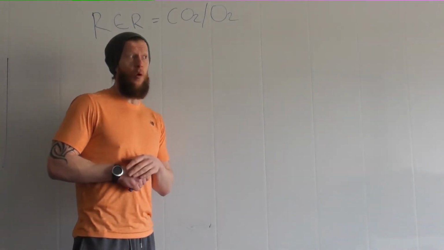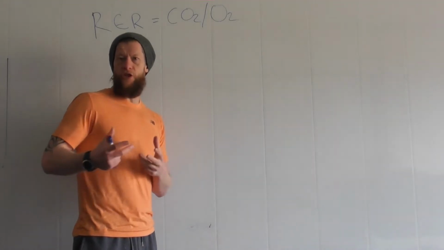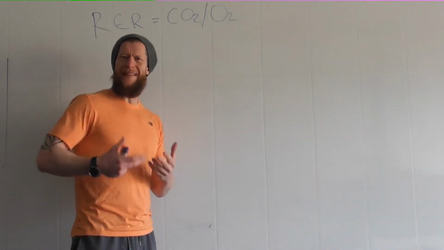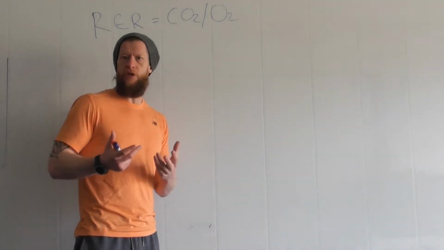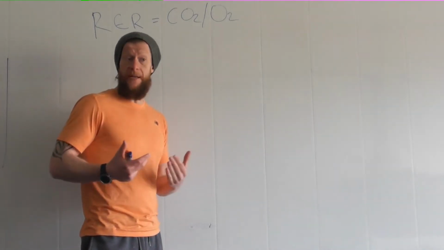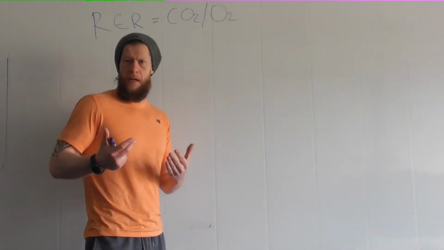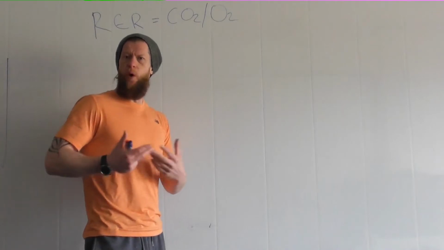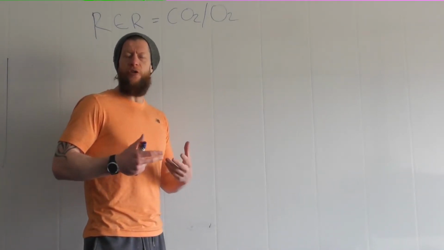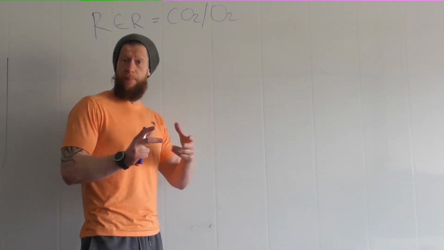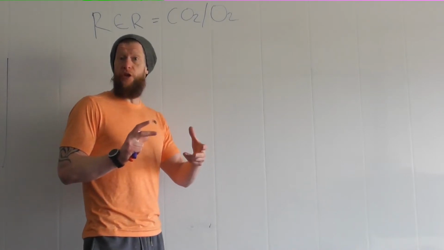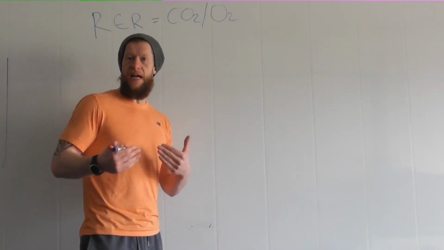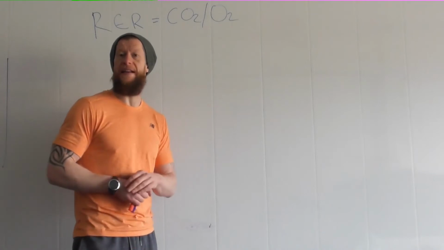More importantly, what proportion are we using? And how do we extrapolate that to work out how much energy we're producing, how we are going to replace that energy, and what mix of fuels, carbohydrate and fat proportions, we are using at different intensities?